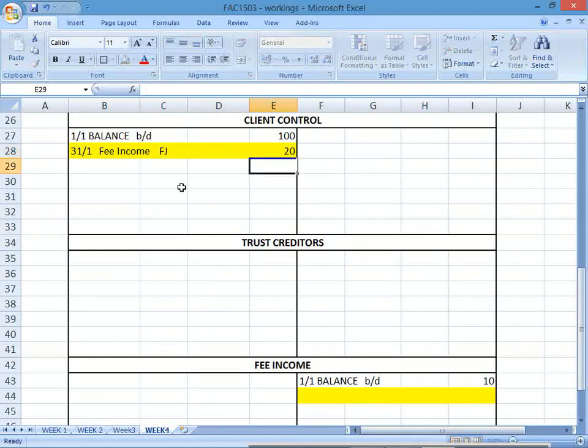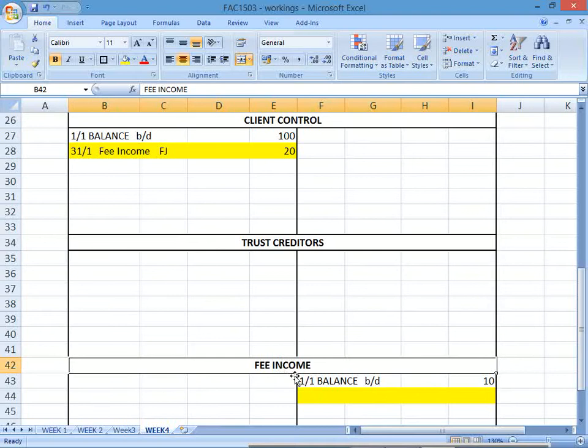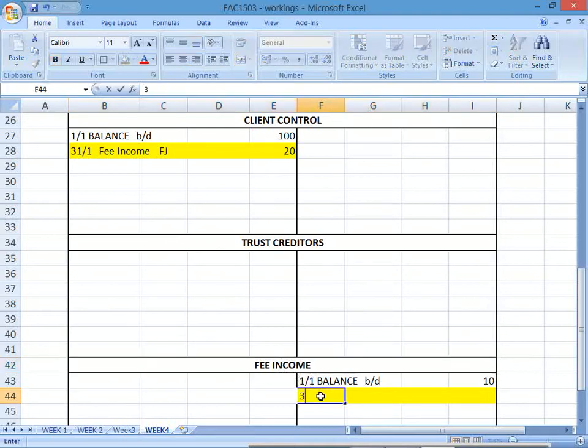Let's just say it's 20. So in fee income, I would reference that, and I would then show 31st of the first, client control. From the fees journal, that would have been the folio, 20. Right, and that's how you capture transactions in the ledger.